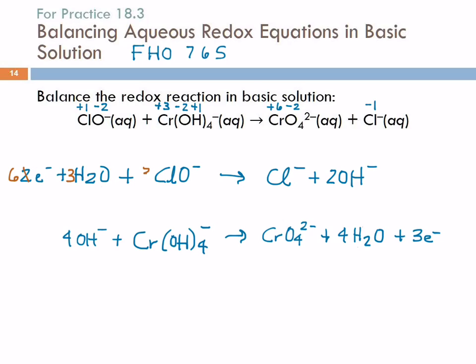There's a 3 and a 3 and a 3, and this becomes a 6. I'm doing that so I can get 6 electrons. And then down here, I want 6 electrons. I'm going to multiply everything by 2. So I'm going to get 8 of those, and 2, and 2, and this becomes 8, and this becomes 6.